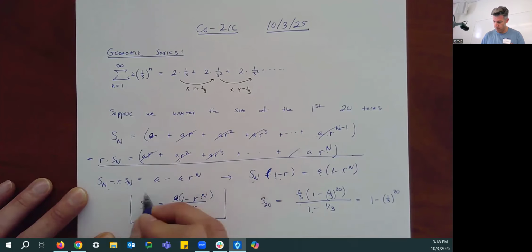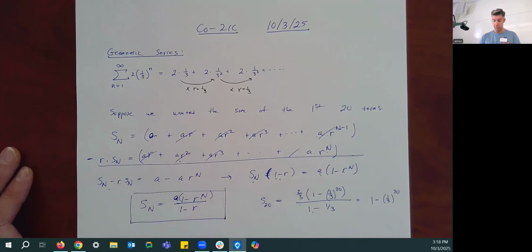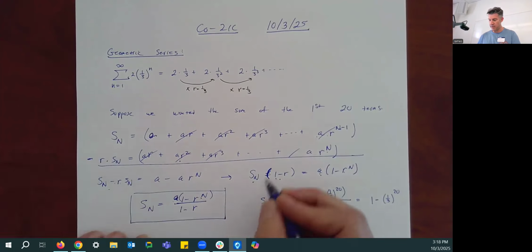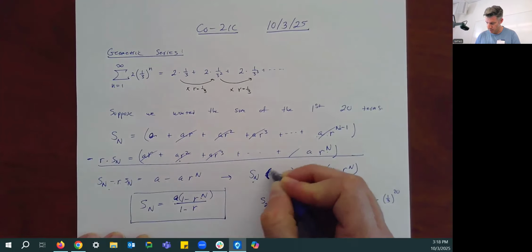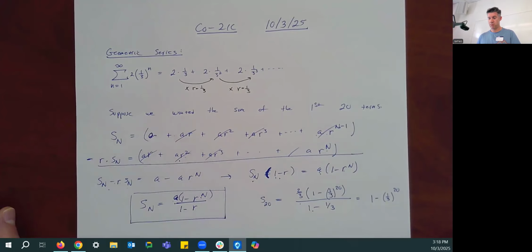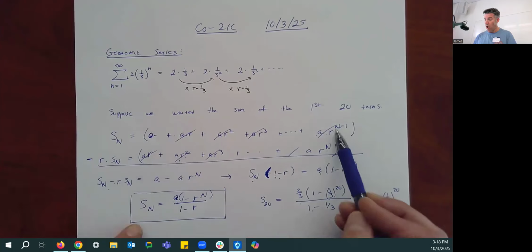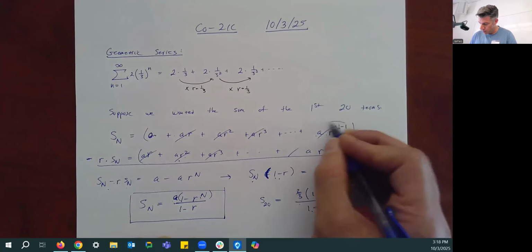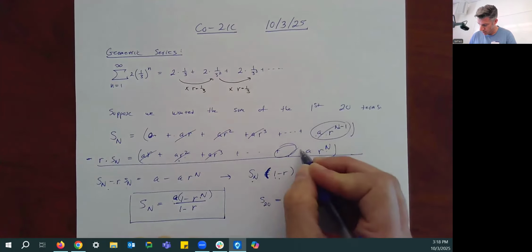On the top, you have S sub n equals... So the A times R to the n minus 1 cancels out with the bottom one. There's one of these right here.